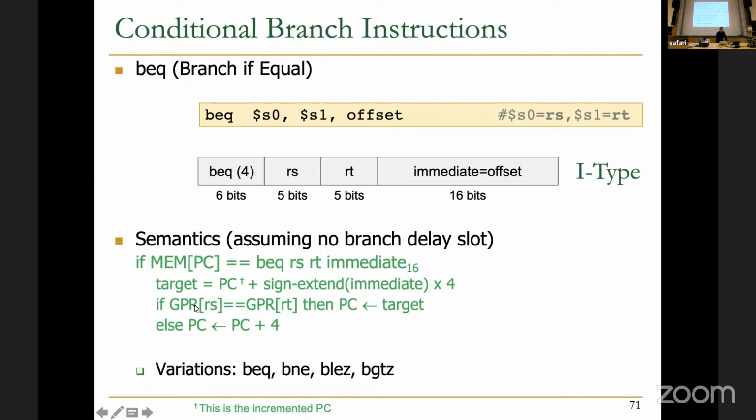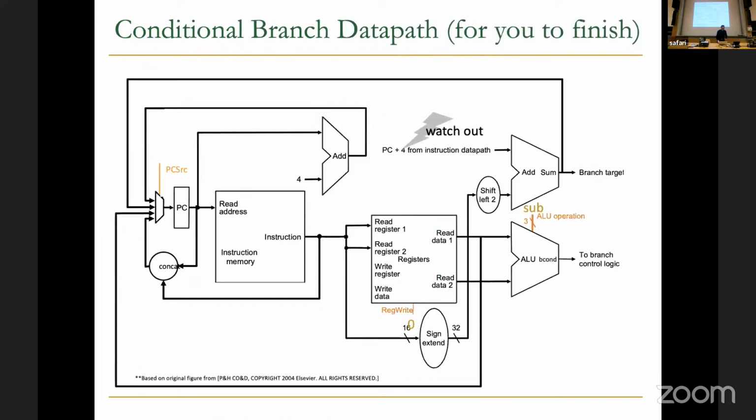And we're going to set PC to that target if the source register is equal to the second source register, or RS and RT, right? If both of these registers are equal. Otherwise, we set PC to PC +4. Makes sense, right? So it's a conditional updating of the program counter based on the condition that's computed by a subtraction or equality check.